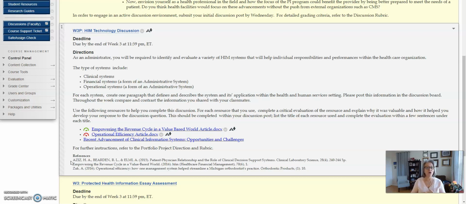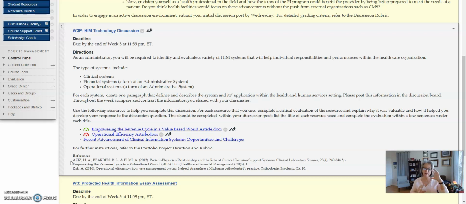So as you are using these resources to complete your discussion, for each resource that you use, complete a critical evaluation of the resource. Explain why it was valuable and how it helped you develop your response to the discussion. We want you to list the title of each resource used and complete the evaluation within a few sentences under each title.